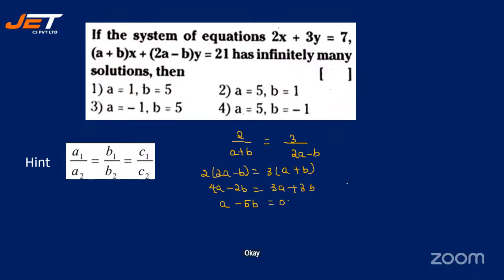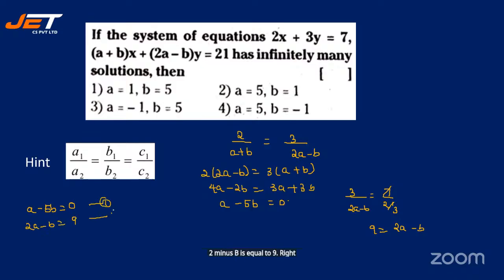Okay, and we have b1 by b2 is equal to c1 by c2. So 9 is equal to 2a minus b. So we have two equations: a minus 5b is equal to 0, and 2a minus b is equal to 9.